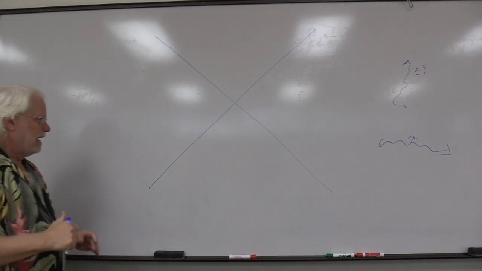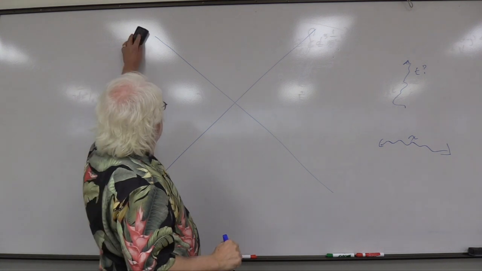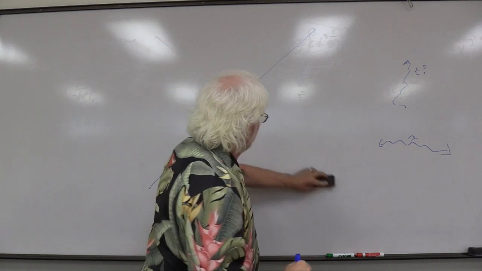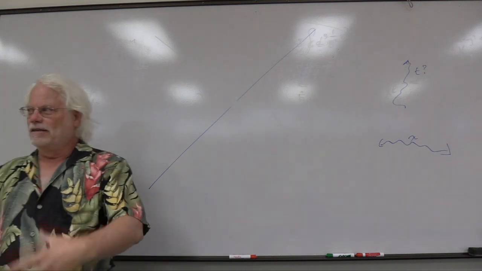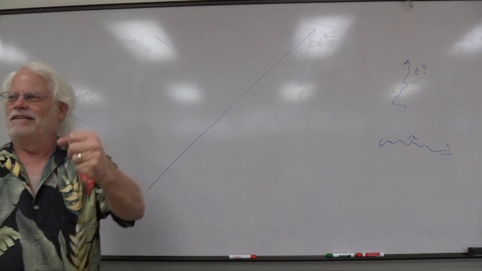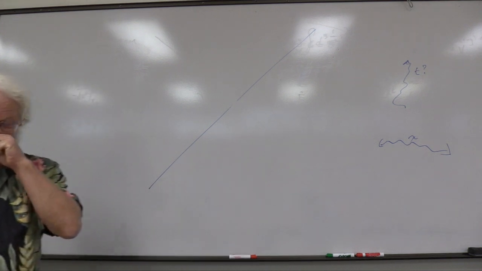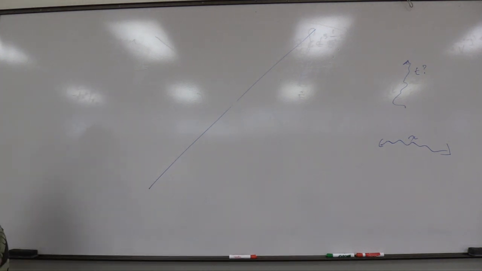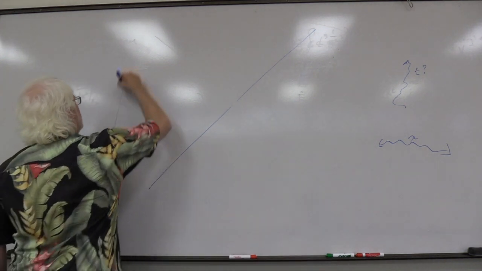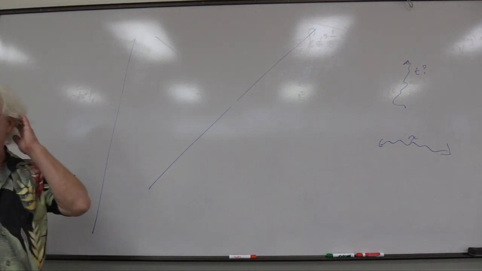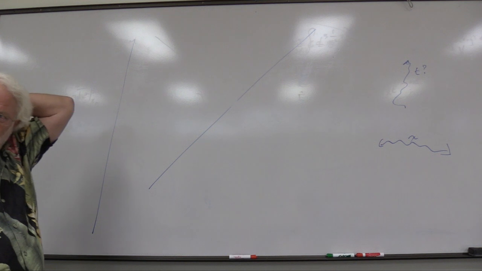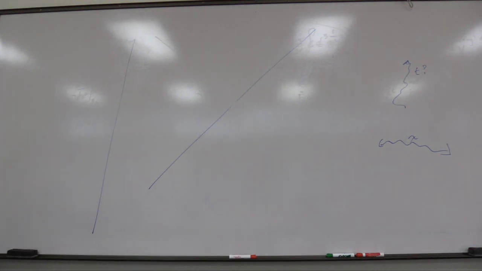Now, how are we going to set up coordinates in this thing? So we've got light going off at 45 degrees. And now Davis is flying along in his rocket, moving off at some constant velocity. You feel no forces. You're moving in a straight line at constant speed.